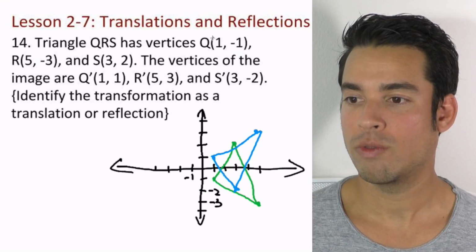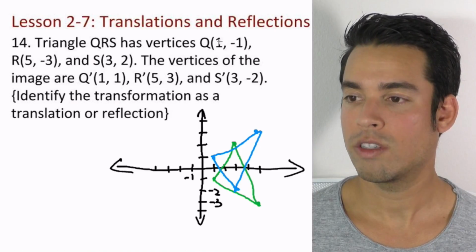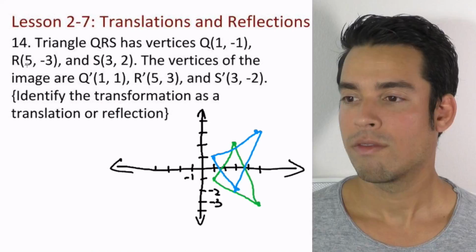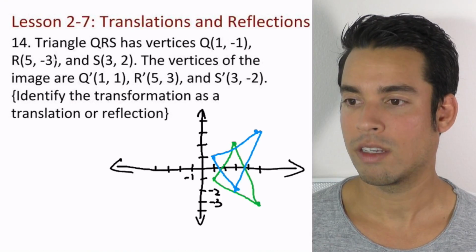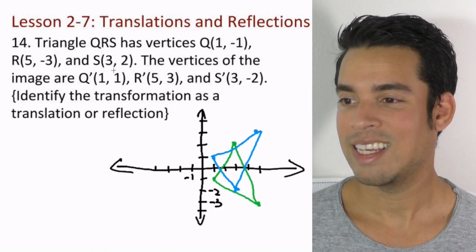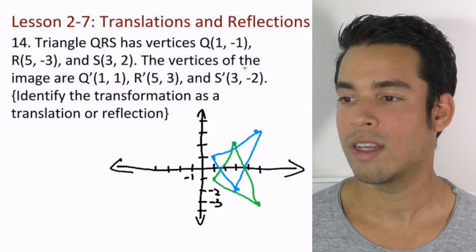So let's look at Q and Q prime. X stays the same, but the y's are opposites: 1 and -1, so that makes sense. For R, the x stays the same, but the y's are opposites, -3 and +3. And for S, the x's are the same, 3 and 3, but the y's are opposite, 2 and -2.